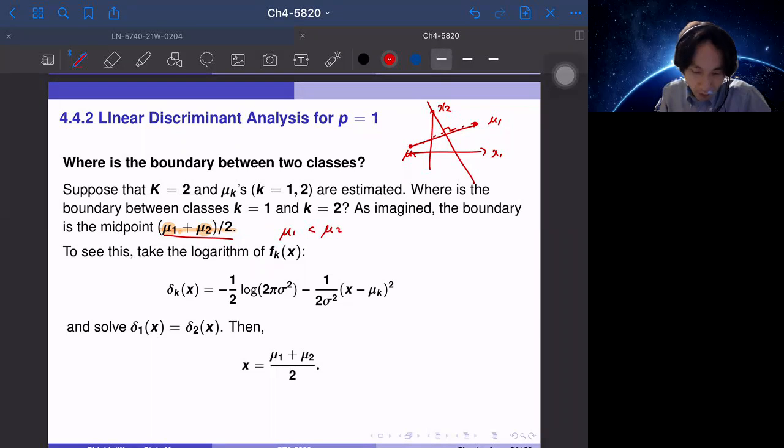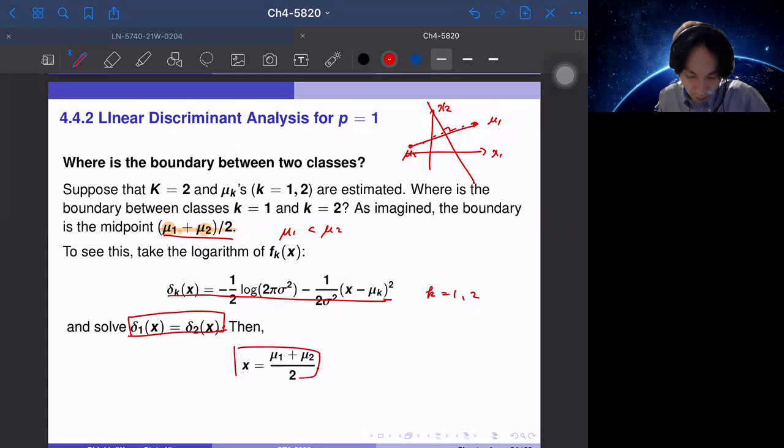To be exact, delta k is the log of f sub k of x, and this is true for k equal to 1 and 2. Then we think about the boundary, where the value of delta 1 of x and the value of delta 2 of x are the same. Then we get x equal to mu1 plus mu2 over 2, because this part does not involve x.